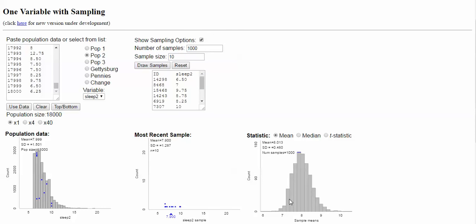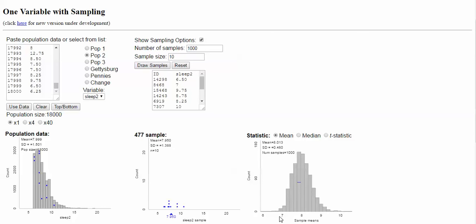This histogram is showing the means of different combinations of 10 people. So this is the mean of these 10 people. This is the mean of these 10 people, and this is the mean of these 10 people.